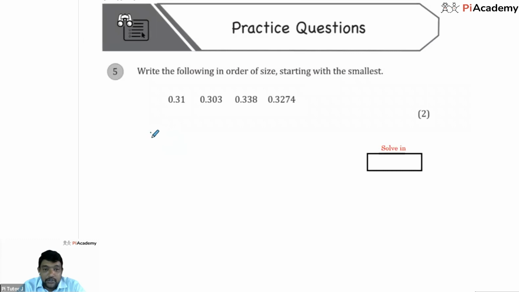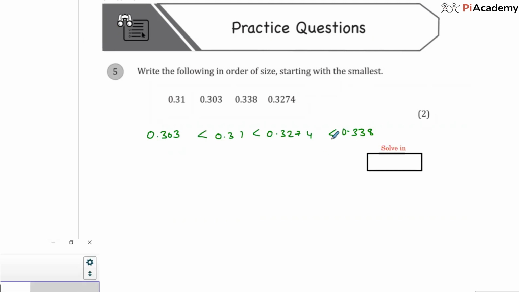Yes. Good. So the smallest is 0.303, and then it is 0.31, and then 0.3274, and then 0.338. Am I correct, guys? Is this correct? Yes. Wonderful. Good.